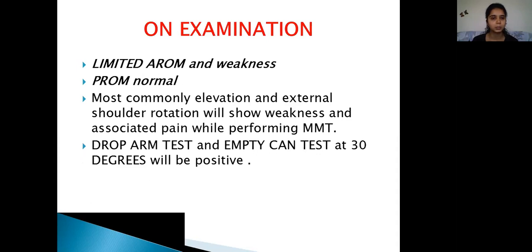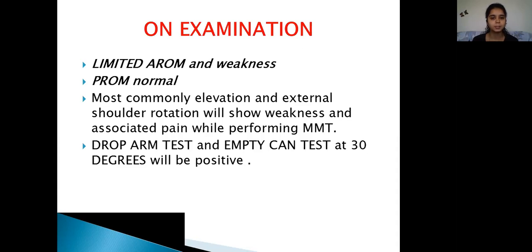On examination, you will find limited active range of motion and weakness because the contractile structures are involved, and the passive range of motion will be normal. Whenever you do MMT, you'll find weakness associated with pain in elevation and shoulder external rotation.